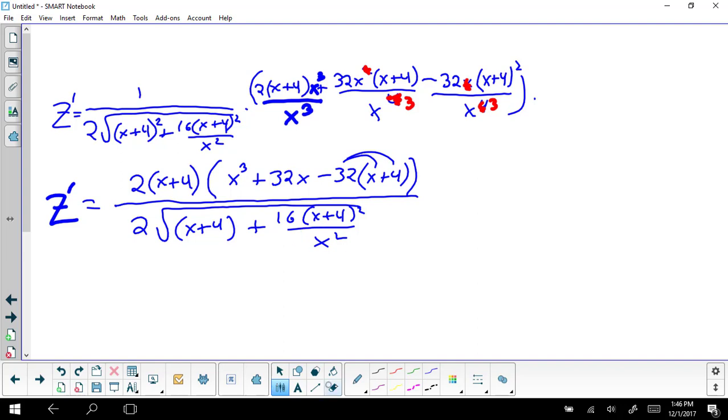All right, so let me go back. Because I yanked a 2 out of each one of these, I have to change this to 16 and 16.